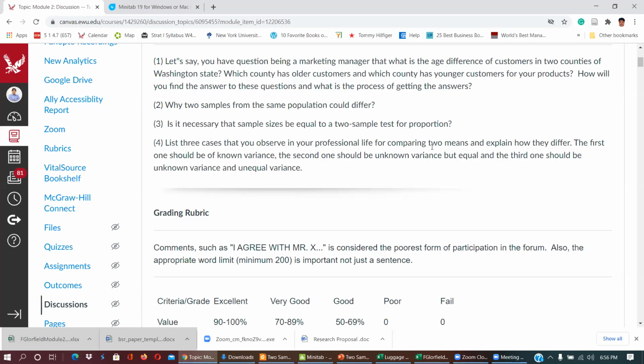Or professors, where the variance of the salary is almost known in Eastern Washington, Western Washington, throughout Washington state. The salary of a professor is almost the same, I believe, in state universities. Yeah, okay, so that's the one with the known variance.